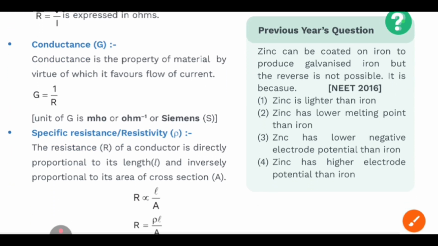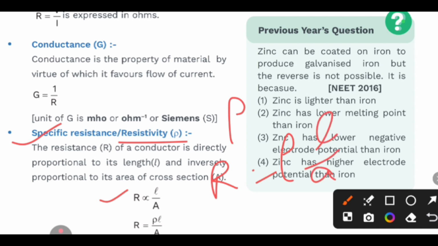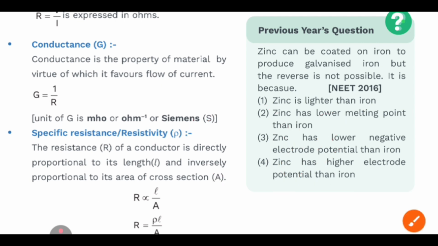Now you can see specific resistance, which is also called resistivity, represented by rho. We have already done in 10th class in physics, R is equal to rho L by A. What is rho here? It is the resistivity. What is L? It is the length, and A is the area. But here we have to do it according to chemistry.